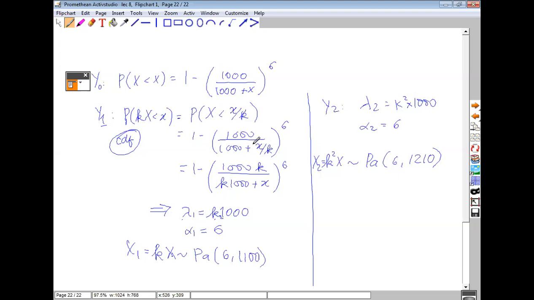It would become kx, and then this k and that k would cancel. So my answer would be similar to this. So instead of my alpha getting multiplied by k, what will happen is that my lambda won't get multiplied by k. It will stay constant, right? So that is the reason.